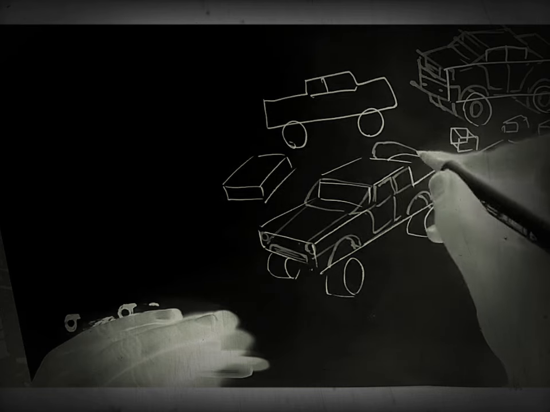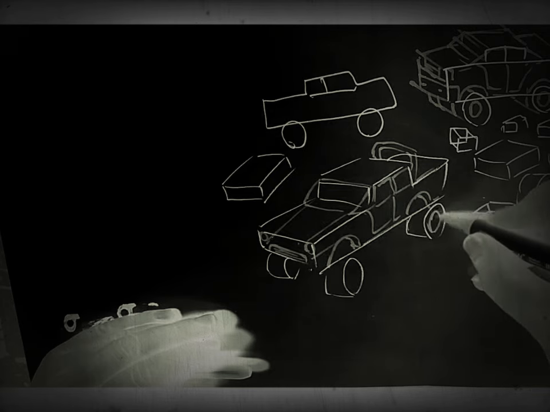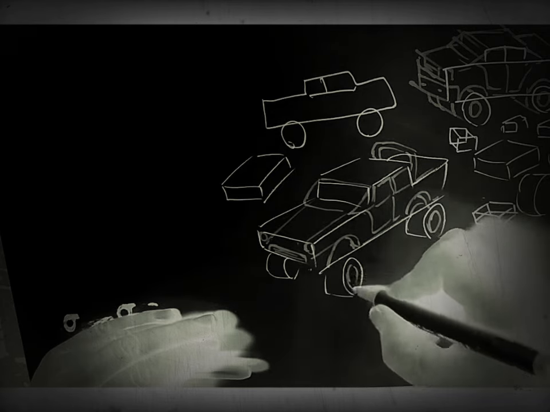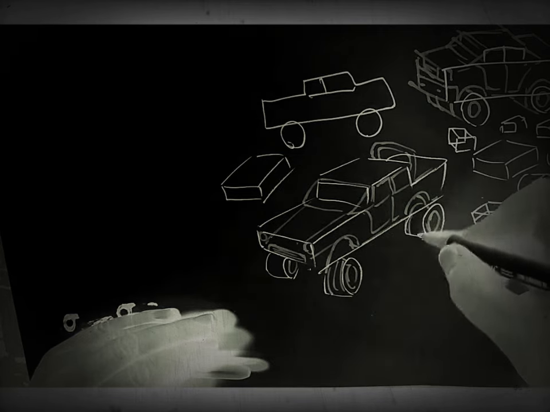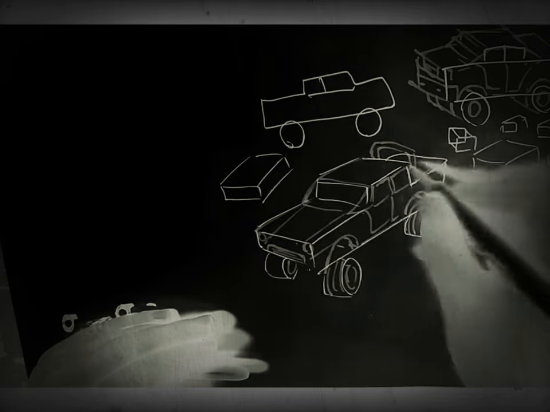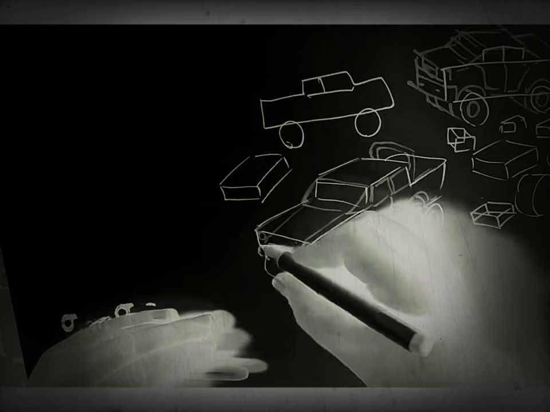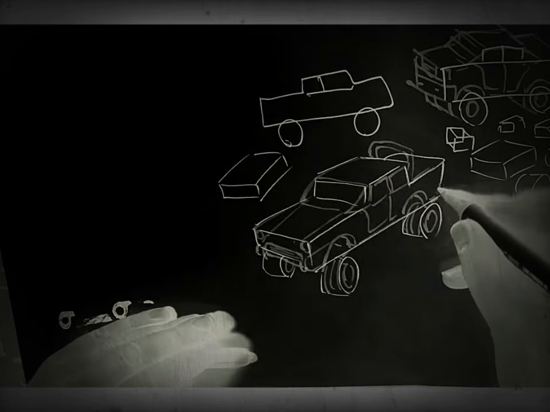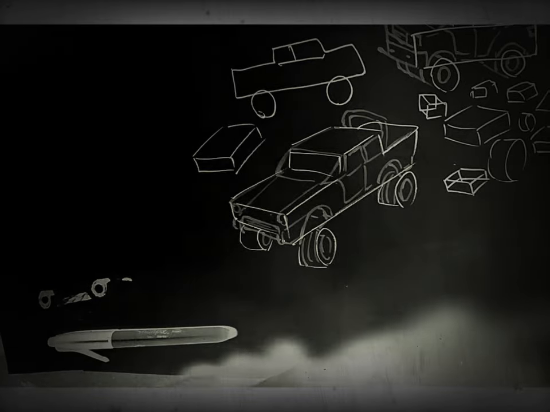Let's make it a truck, so we can do a roll bar. Then add some details on the wheels, maybe do some lines down them. Maybe a bumper just going down here.